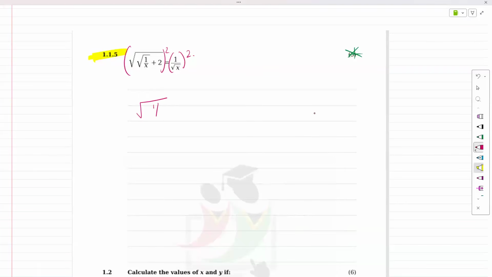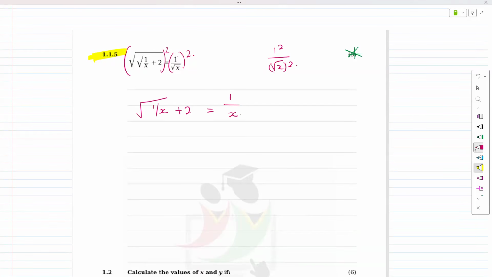So this would be 1 over x, and that's plus 2. And that equals to, this is tricky, right? Because when you square it now, 1 squared, guys, I'm going to write here, that's 1 squared, and that's root x squared. So this is 1 over x. That's all. Okay? Because the square is going to cancel with the square root.